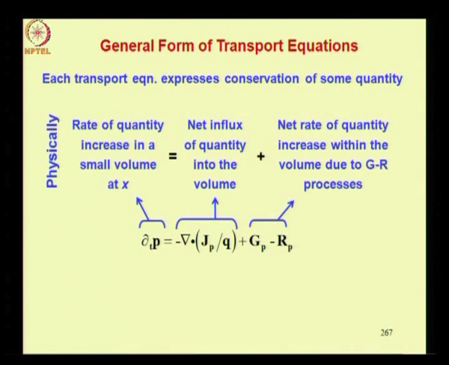So this product form, in which the dou p by dou t is multiplied by volume, is what comes here, and similarly this term also multiplied by the volume will come here. So instead of talking about concentration, which is what this equation talks about, here we are talking in terms of the number in the entire volume rather than the concentration. That is the only difference. So this statement of the equation in words is obtained by multiplying each of the terms of the equation shown here by the volume.